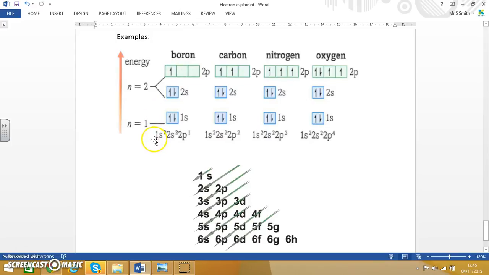And this can be summarized in a shorthand as 1s2, 2s2, 2p1. And as a check, if we add up the numbers 2, 2 and 1, we have 5 electrons, which corresponds to the 5 electrons of boron and matches the number of protons.